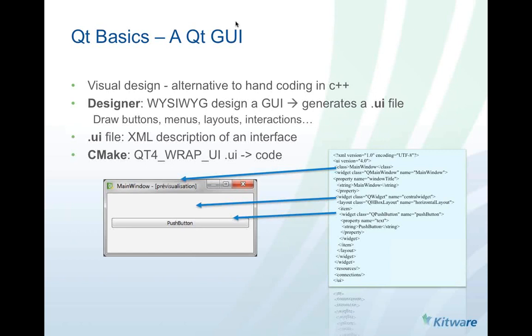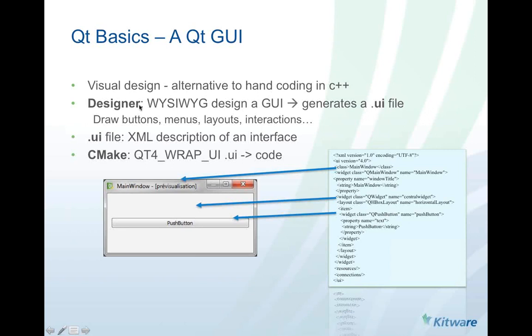So it is possible to programmatically define a Qt application. We could open up that Hello World application and start manually creating new widgets and linking them up in C++ code. But it's much easier if you use visual design to do this. That is, you use Qt's Designer and you lay out the Qt application's look and feel by placing widgets on the screen in pretty much the way that they will show up in your application.